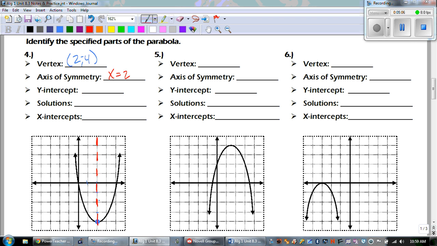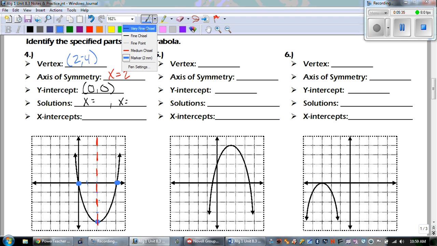Okay, the y-intercept is where it crosses the y-axis, which is right there. And that's at the point, what? Yeah, that's it, (0, 0). So the solutions, we would write as x equals. I know there are two solutions because it crosses the graph twice.